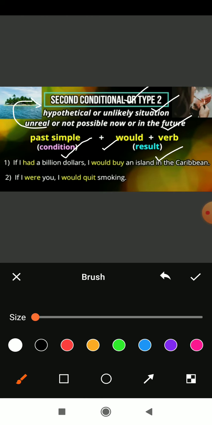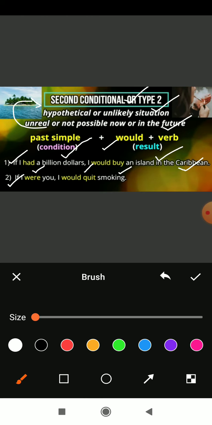Now students, let's discuss these two examples on the screen. The first example says: if I had $1 billion, I would buy an island in the Caribbean. Here, if I had is a form of simple past. $1 billion, then a comma. Then I would plus verb: buy an island in the Caribbean.